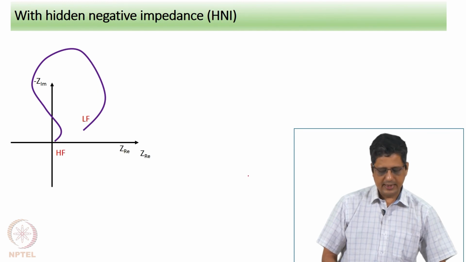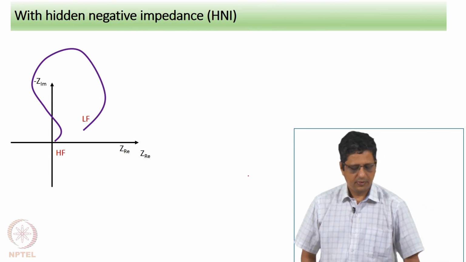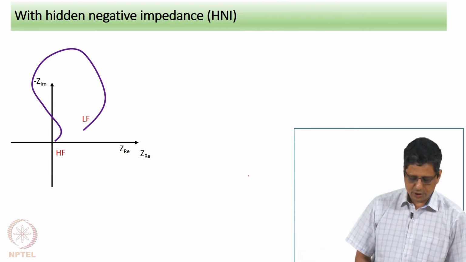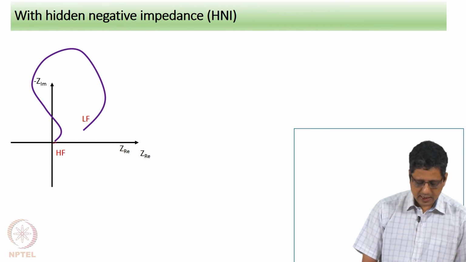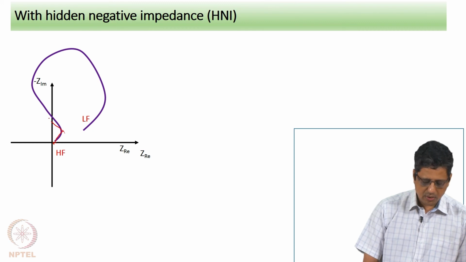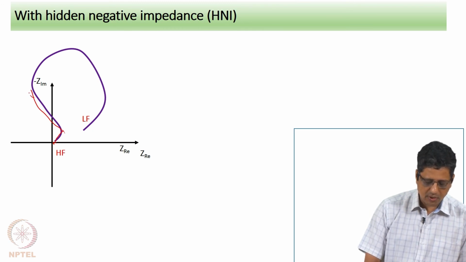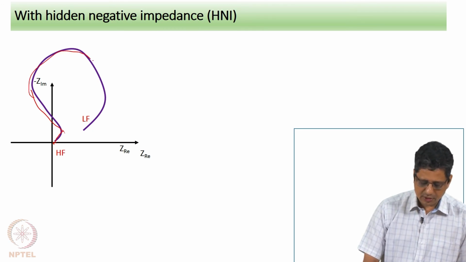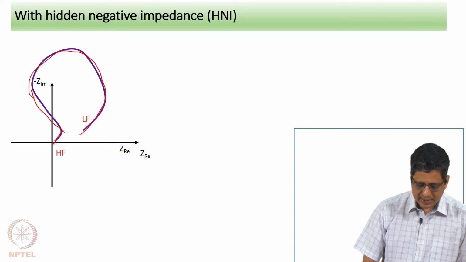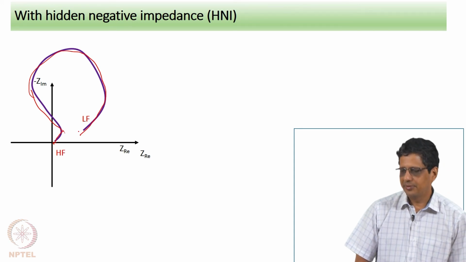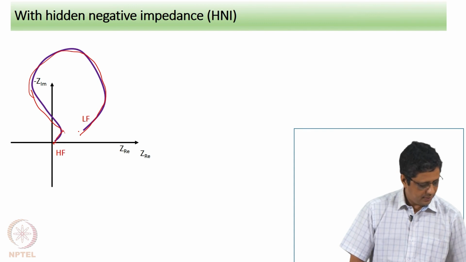There are a few other cases. This is also quite unusual. Data starts here, goes as a capacitive loop and then goes to the left, goes to the second quadrant, comes back to the first quadrant and settles somewhere here. Okay.